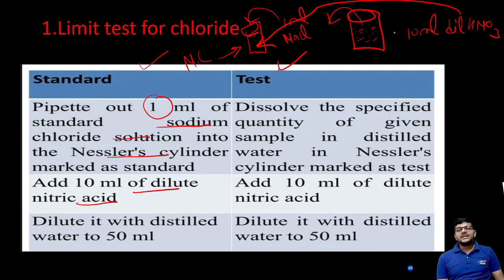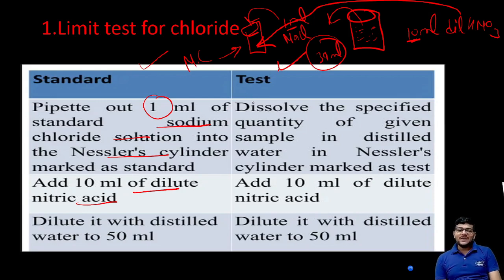We are adding the remaining amount: 10 is our dilute HNO3, 1 ml is our NaCl, and we make up the volume up to 50 ml. We have to add 39 ml of water into the standard solution. So this is our standard solution.